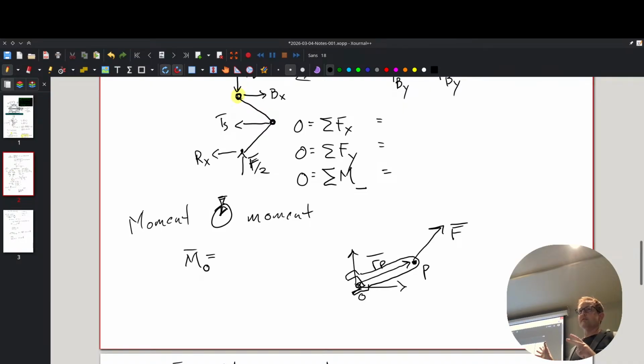So first off, if I have a wrench and I'm pulling up on it like this, is this creating positive torque or negative torque? Positive or negative? Am I threading in or threading out? Positive?